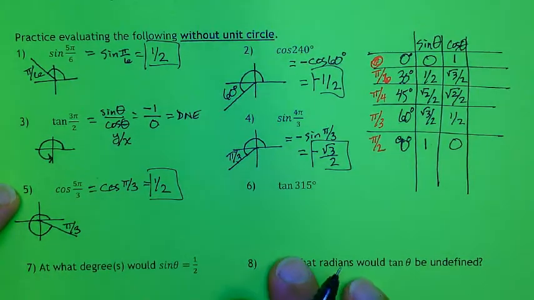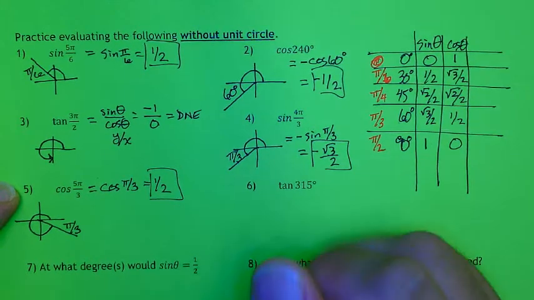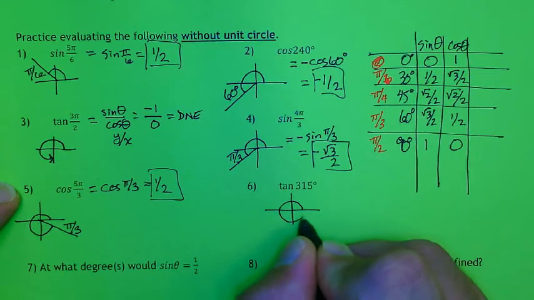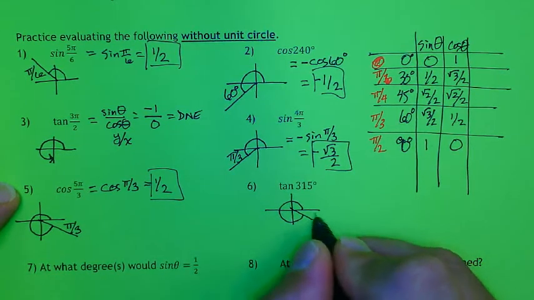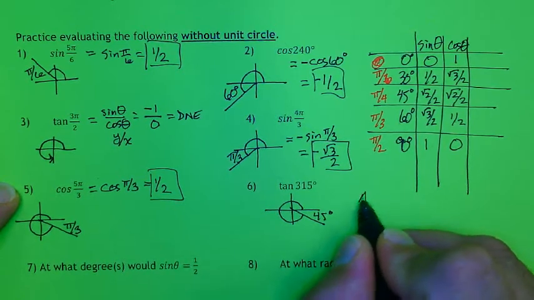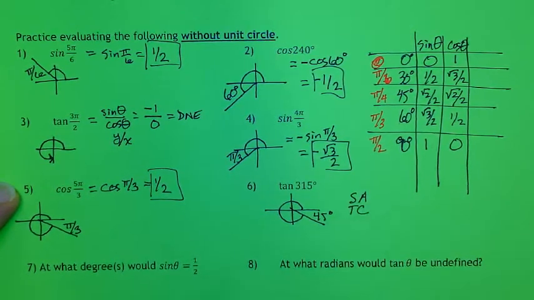And then the tangent of 315 degrees. 315 degrees goes into that fourth quadrant. Reference angle, 45 degrees. Remember, you can also use this little setup: all spiders taste crunchy, whatever you have as your phrase.